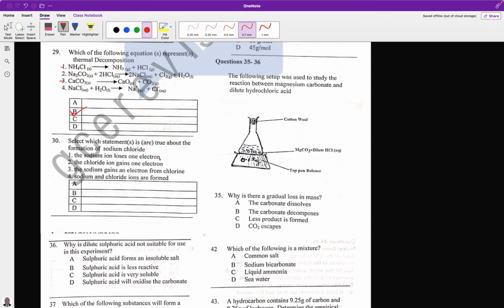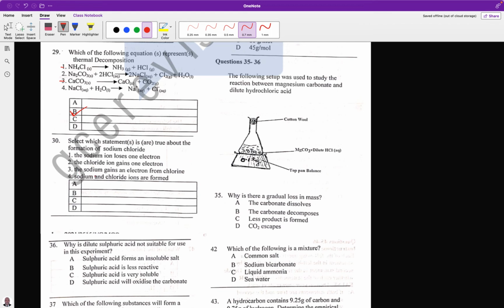It doesn't work like that. The chloride ion gains 1 electron. No, it's not the chloride ion that gains an electron. It's the atom that will gain an electron. The same thing with sodium, it is the atom that will lose an electron. So 1 and 2 are wrong.